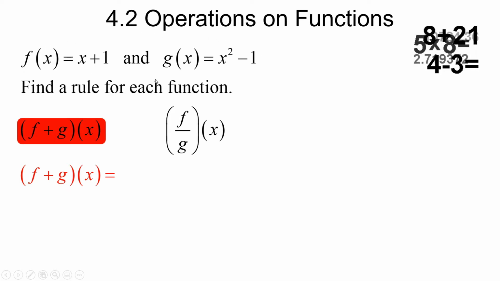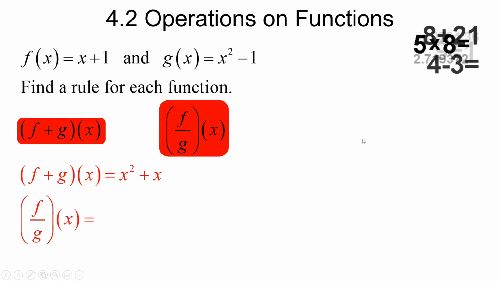So x plus 1 plus x squared minus 1. In descending order, I would start with my x squared, and then I have an x, and then I have a 1 and a negative 1. If I add those, they would cancel. So f plus g of x is nothing more than x squared plus x. And that's a polynomial defined for all real numbers, so we don't have any domain restrictions.